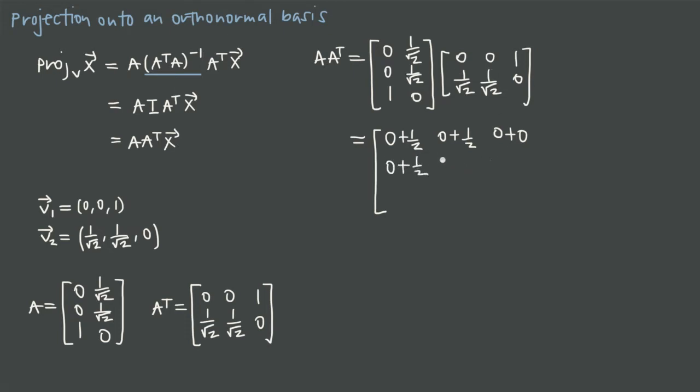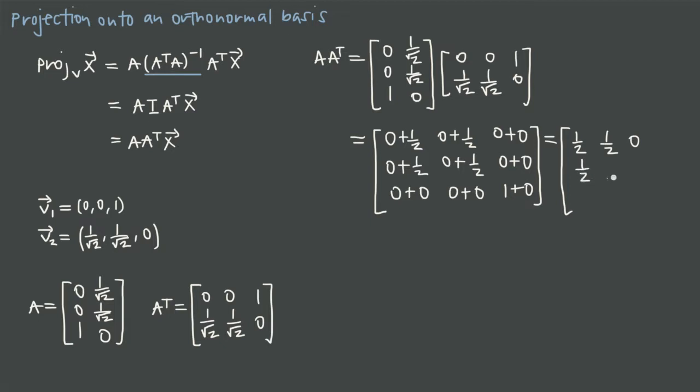The second row times the second column, the second row times the third column, and then the third row times the first column, we get 0 plus 0. The third row times the second column, 0 plus 0, and the third row times the third column, we get 1 plus 0. And so when we simplify here, we'll end up with our 3 by 3 projection matrix, which will be 1/2, 1/2, 0, and then 1/2, 1/2, 0, and finally 0, 0, 1.